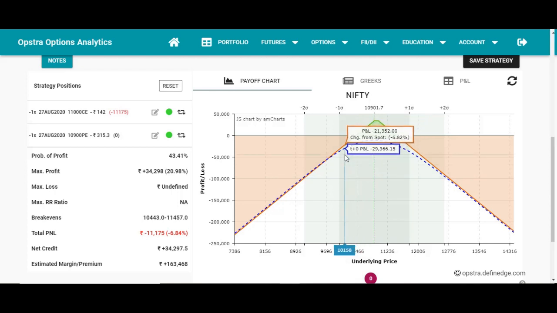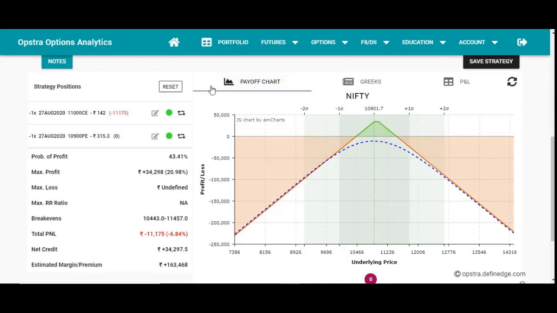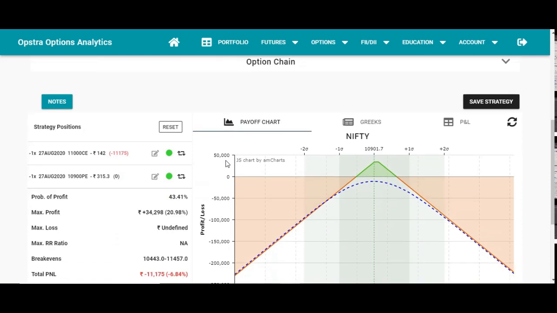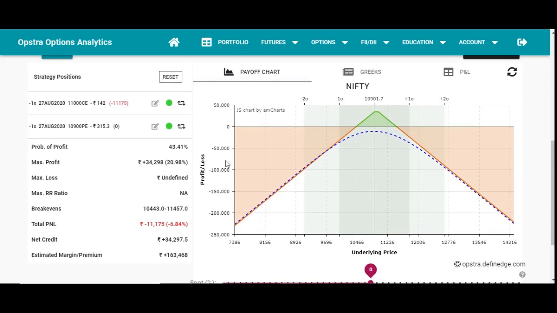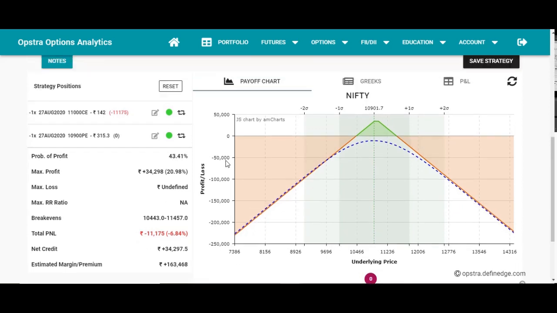If you have doubts about what a bull credit spread or bear credit spread is, we have uploaded some videos on our channel, so please do go through them. We can do these adjustments in such a complicated way that people may think option adjustment is very hectic. So I would suggest you keep it simple.